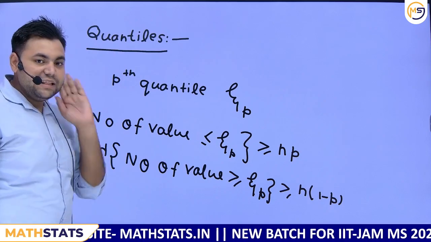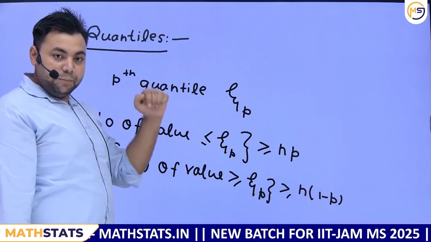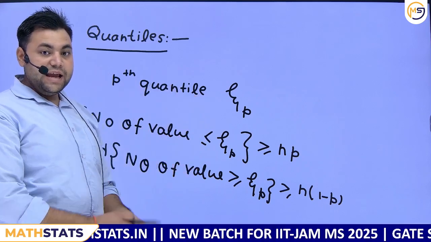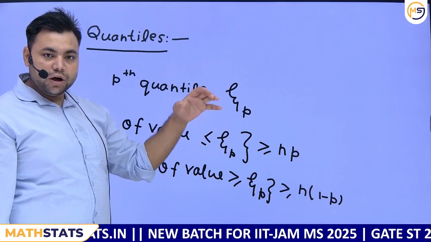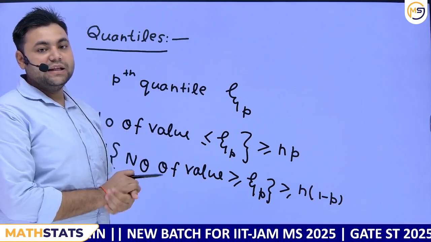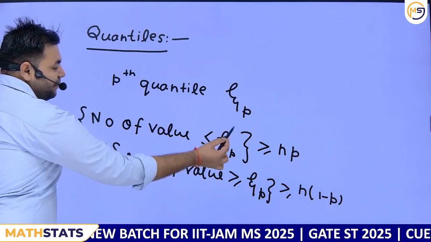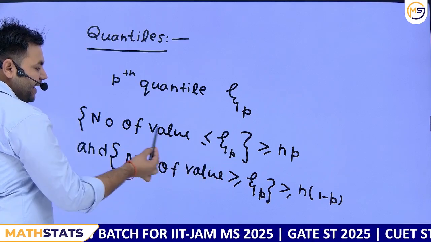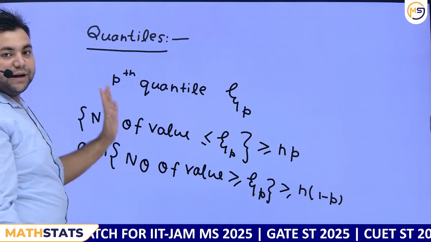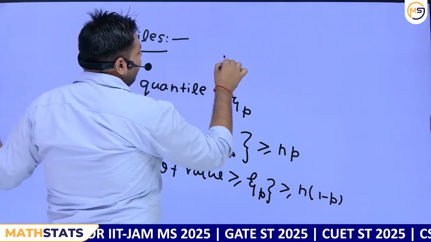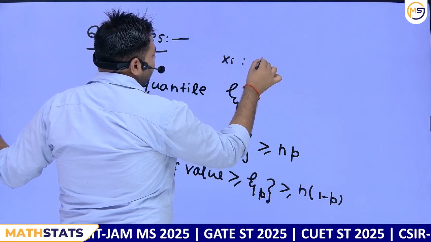It means the number of values below Q of P is at least p, and the number of values greater than Q of P is at least 1 minus p. Then this number is called the pth quantile. We are talking about the values xi, our data.